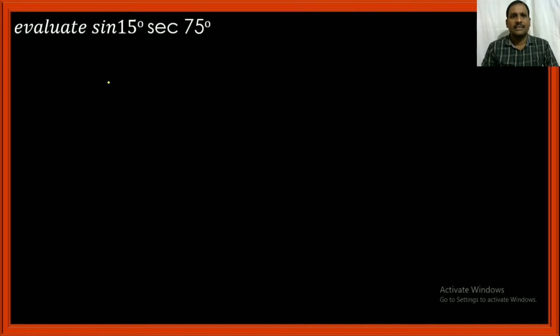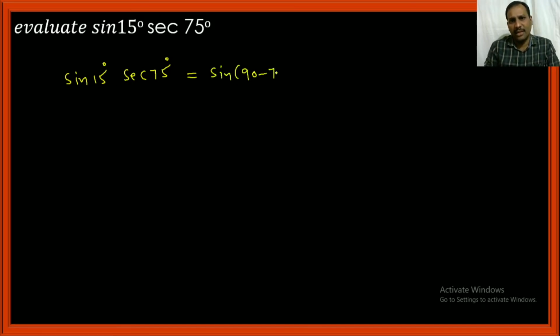Next, sine 15 degrees into secant 75 degrees. Here we have learned the concept of complementary angles. Let us use that concept here. Sine 15 can be written as sine 90 minus 75. Can I write like that?